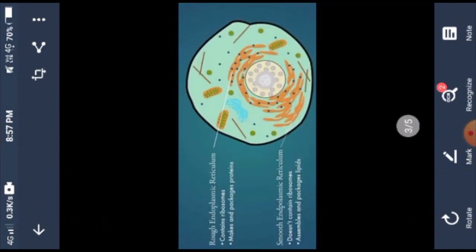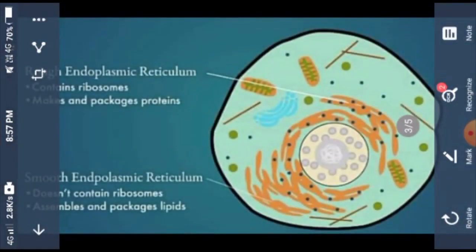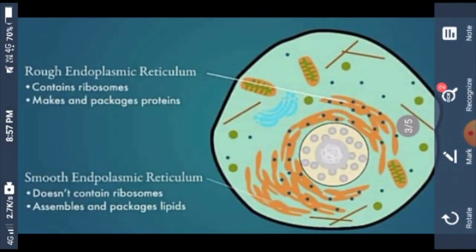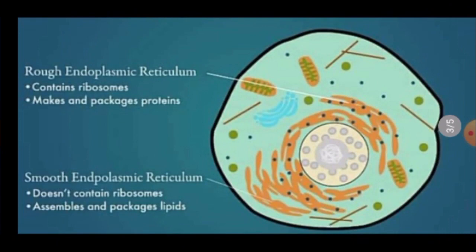Okay, see now. Rough endoplasmic reticulum contains ribosomes and they make and package protein. Smooth endoplasmic reticulum doesn't contain ribosomes, so it doesn't make any kind of protein, but they assemble and package lipids.